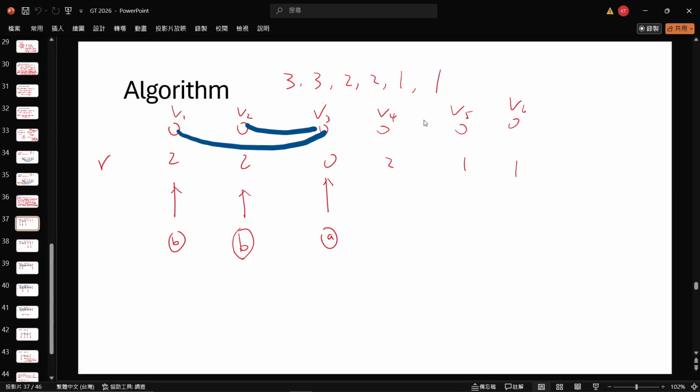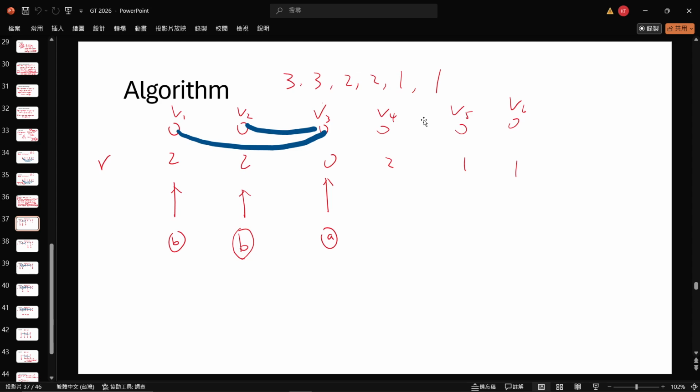All right, so I think we can apply this algorithm to this example again. In step A, we pick V3, and we look at the degree sequence and choose the 2 highest degrees. The reason it's 2 is that V3 has a remaining degree of 2, so we have to find 2 endpoints, and those 2 endpoints must have the highest remaining degrees, in this case V1, V2.